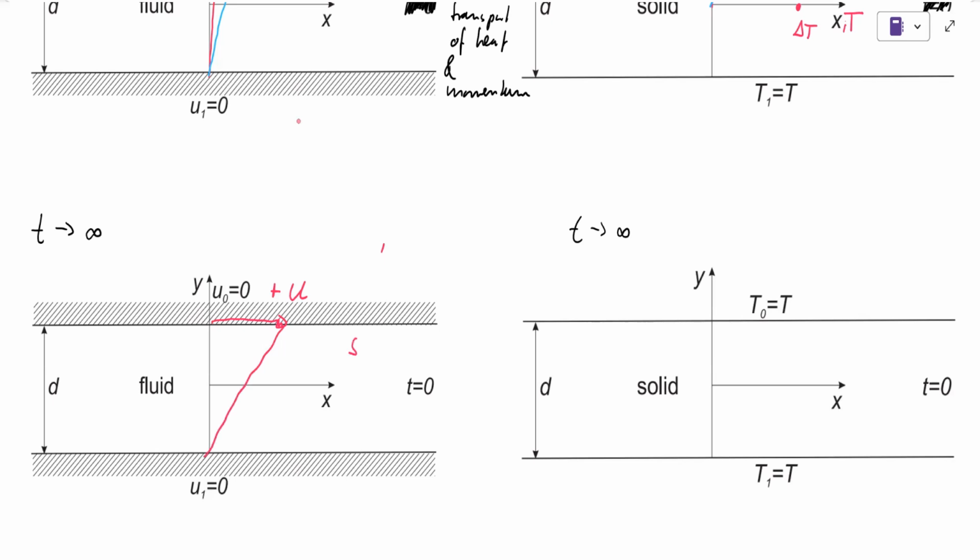So we see a steady state flow, and this type, a linear velocity profile, is called the Couette flow. Here again, we see a velocity profile depending only on the position y and no longer on time t, because it was transient. On the right-hand side it's very similar. We see here t plus delta t, and also here we expect a linear temperature profile.